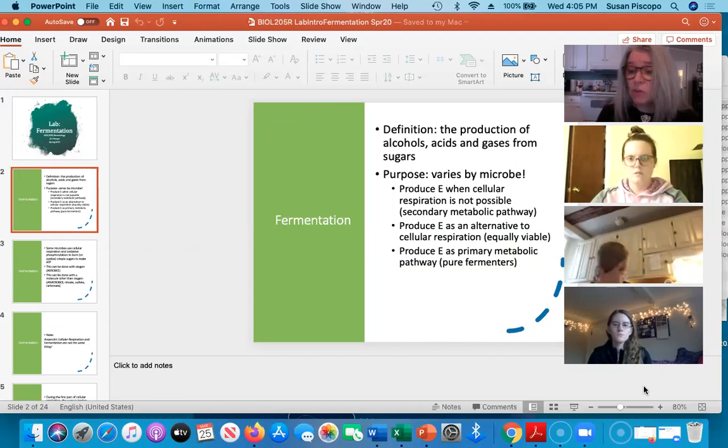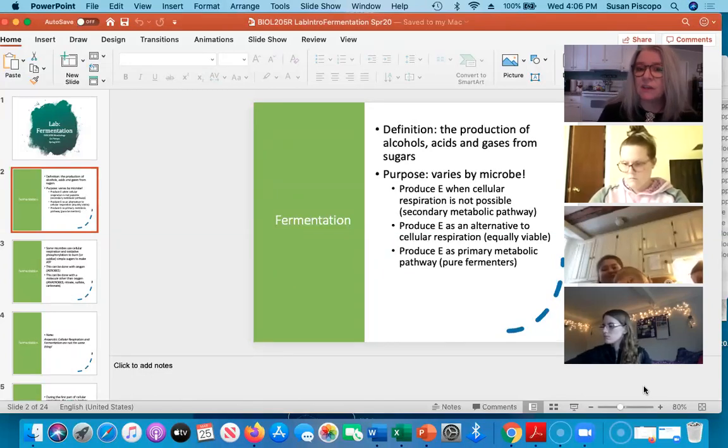So when we talk about fermentation in the laboratory like this, we're really talking about any metabolic process that produces either alcohol or acid or gases or any combination of those inside the culture. And when we think about why an organism would ferment, the answer is it really varies. For some organisms, fermentation is a secondary metabolic pathway.